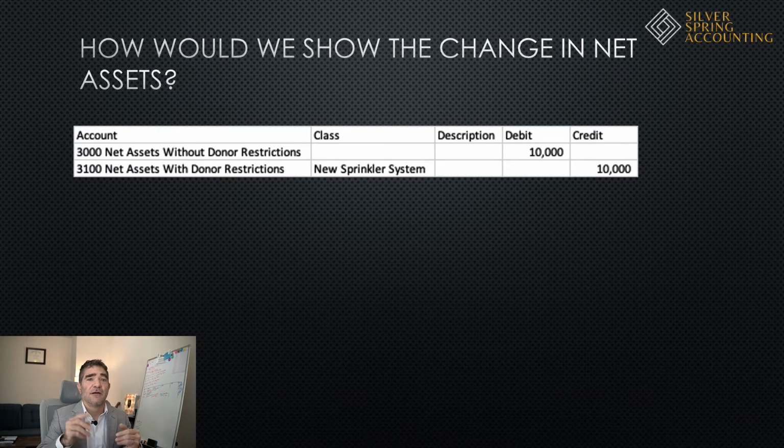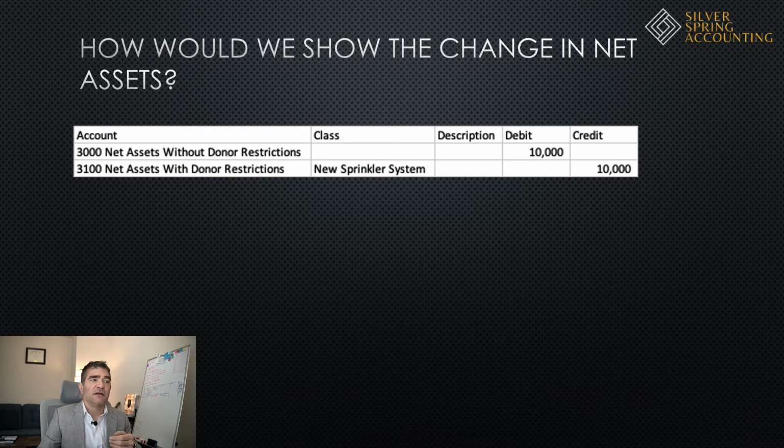So we're going to do that either once a month, once a quarter, or maybe even just annually if we don't want to present it broken out on our monthly or quarterly financials. We definitely want to do it at least annually to show that we have the various classes of net assets.